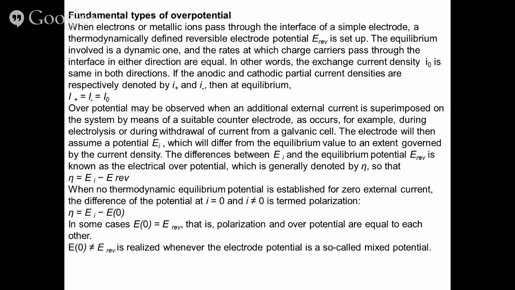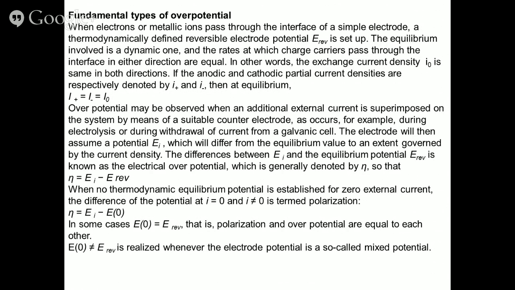In the anodic and cathodic partial current densities, if we represent them as I plus and I minus, then at equilibrium, I plus will be equal to I minus will be equal to I0. This is called the exchange current density. Please note this parameter very carefully. We have to use this parameter extensively later on.